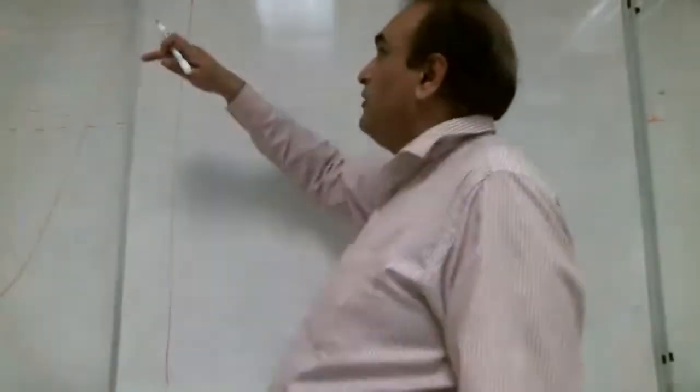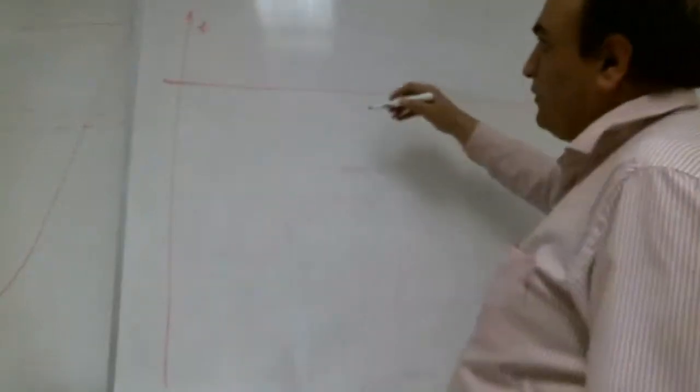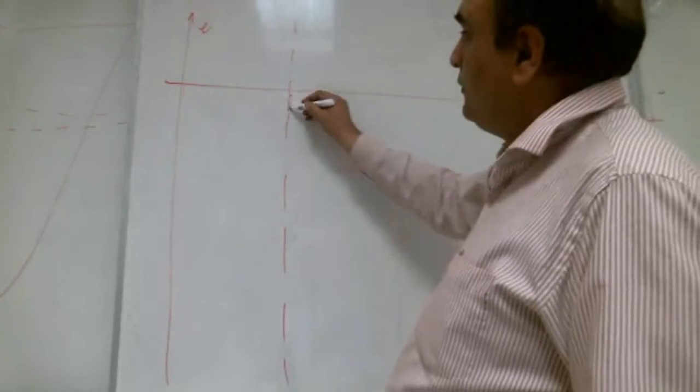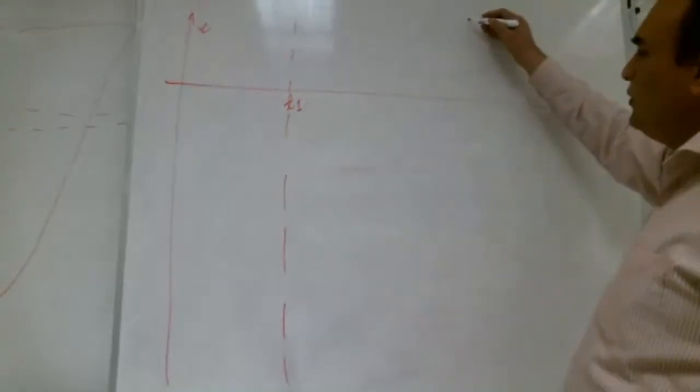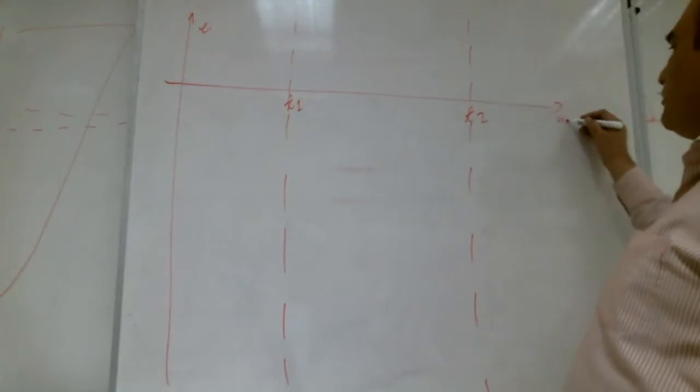There is another problem, Shabab, like this. This is the error. T1 is any number, T2 is in minutes.